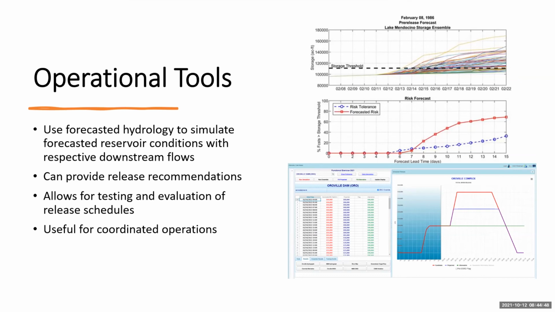I'll talk more about the FCO later on in the next session, but it's also useful for coordinated operations for the Yuba-Feather Basin, since both reservoirs have to operate for common downstream target flows.